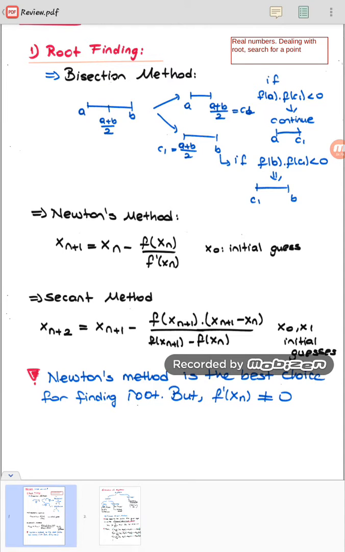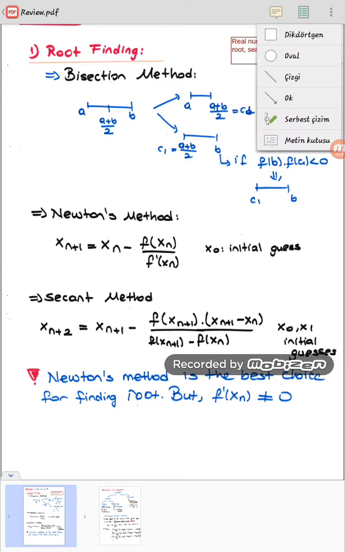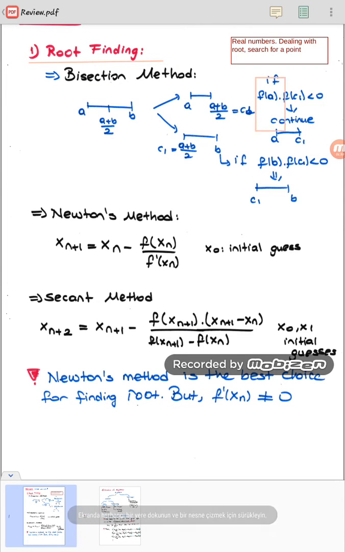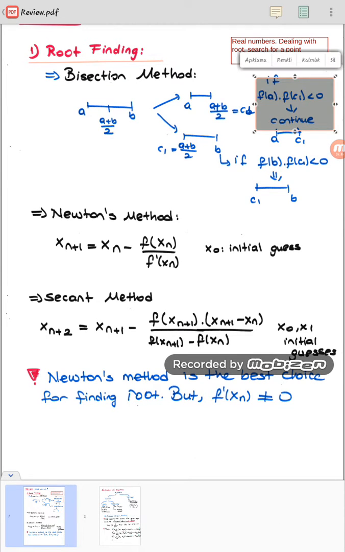We asked: is there any root in my interval, or which interval contains the root? We discussed this using the intermediate value theorem. You check whether f(a) times f(c1) is negative.